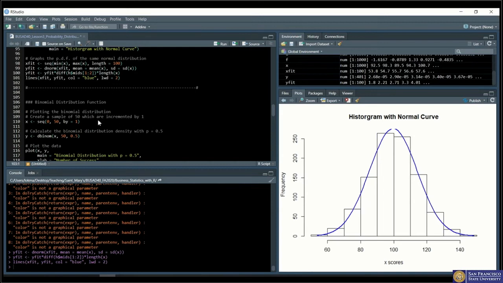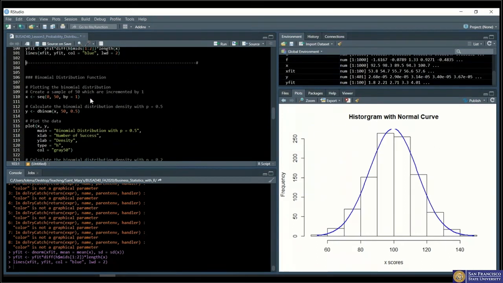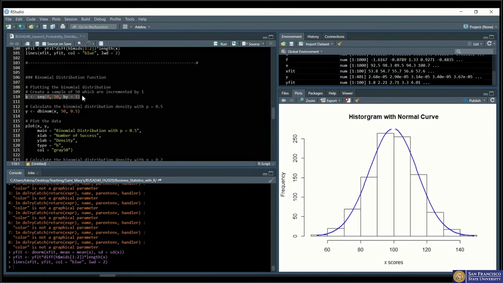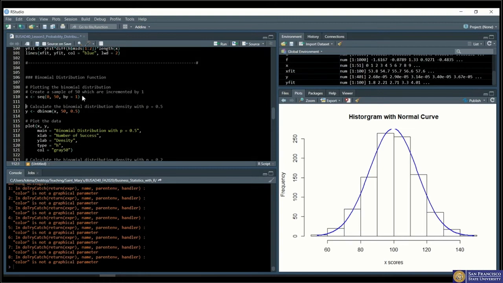So again, just like the previous, I would like to plot a binomial distribution with a given x-axis value here from 0 to 50 incremented by 1. Once I have the x values, I would like to create a binomial distribution here by defining the density values, right?